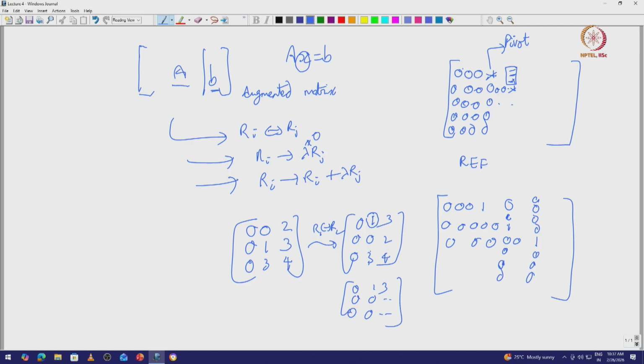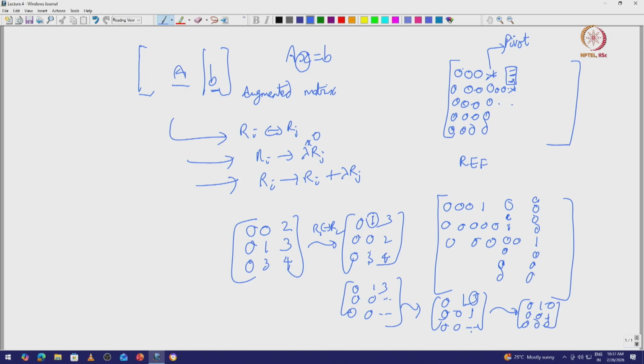This is not yet in the row echelon form. For one thing, you would need to normalize this. But the one above this is not 0, so you have to further clear that as well, and you have to clear the thing below as well.